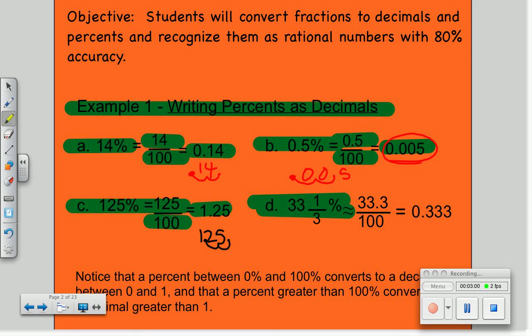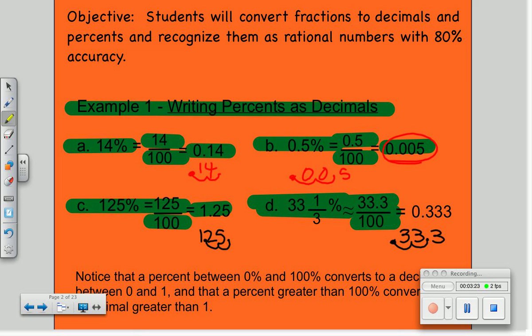So we're approximating 33 and 1/3 as about 33 and 3/10. 1/3 is about 3/10, okay? Over 100, so I have 33 and 3/10. And I move the decimal 2 times. So now I have 0.333.